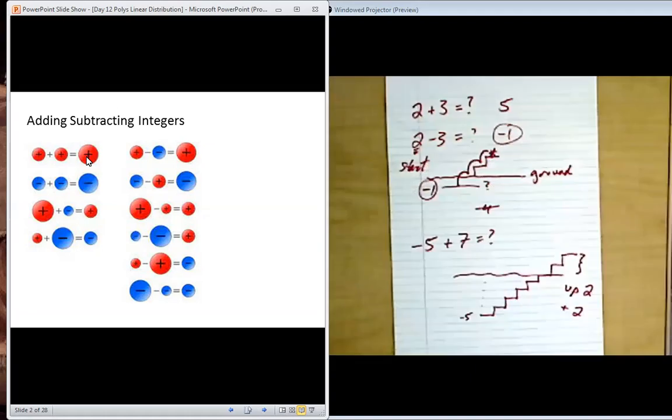Here with negatives, I haven't shown you yet. Let's say you start underneath, you're negative, then you go down. You end up even more negative. For this one, if you have a big plus and a small minus, you stay plus, right? Yeah, from class.